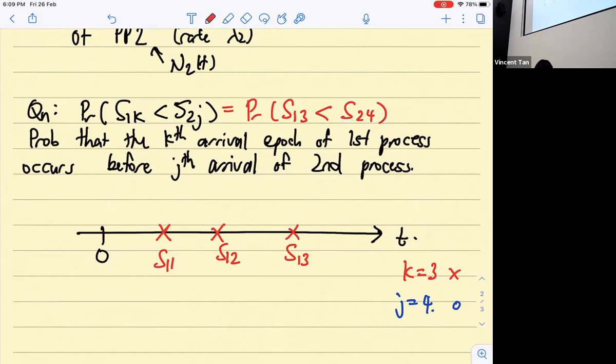Okay, and so that is indicated by what I'm going to draw next. Okay, so we could have S21 be here and S22 be here. Okay, and S23 maybe be here. But S23 must occur before this point here. You agree?